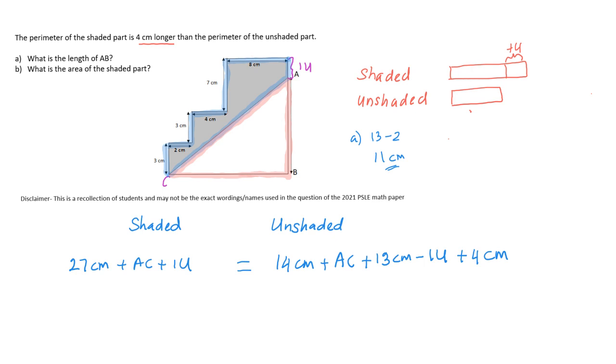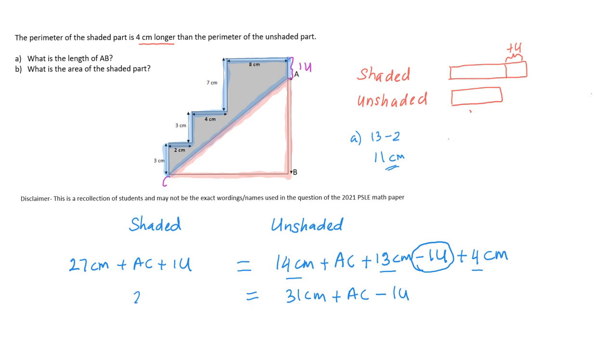So now we can simply solve this equation by putting all the numbers onto one side and the algebra onto one side. So if I add these three numbers, that will give me 31 centimeters plus AC minus 1U. This minus belongs to the 1 unit.